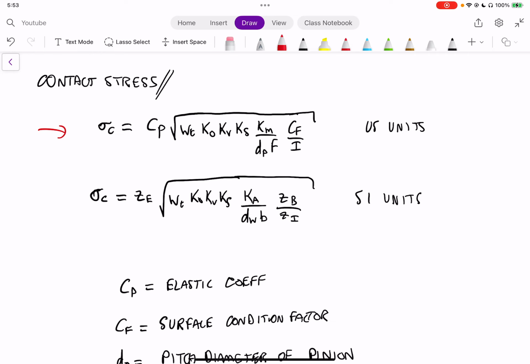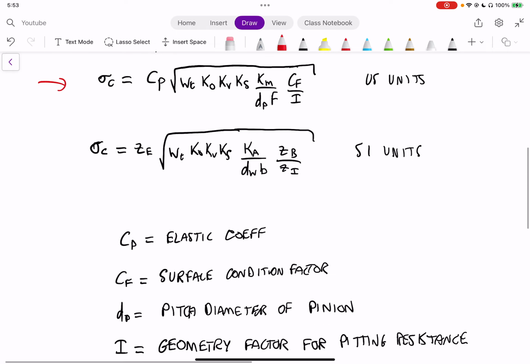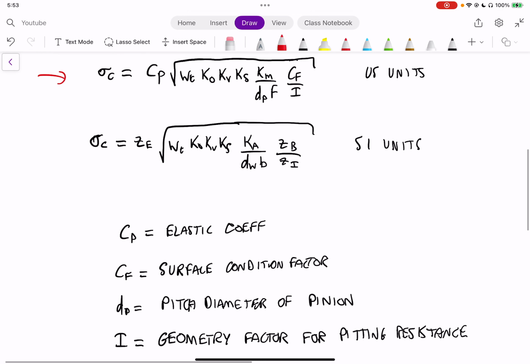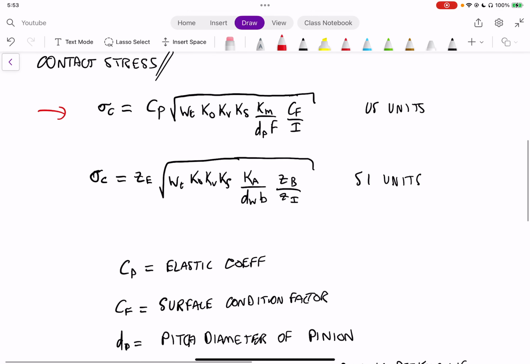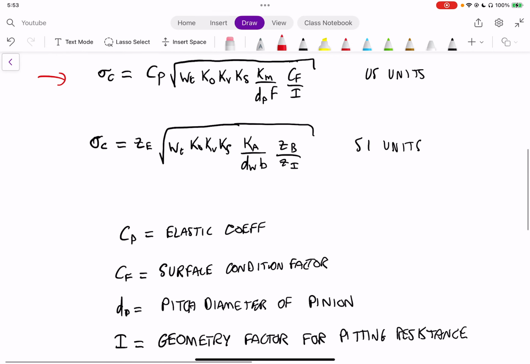So there's a few different components that are different. One interesting component is dP, the pitch diameter of the pinion. So dP is the actual diameter of the pinion only. Some of the new things included are that CP is the elastic coefficient.